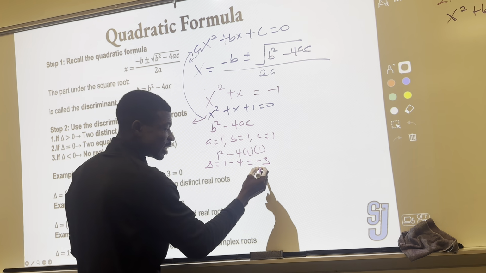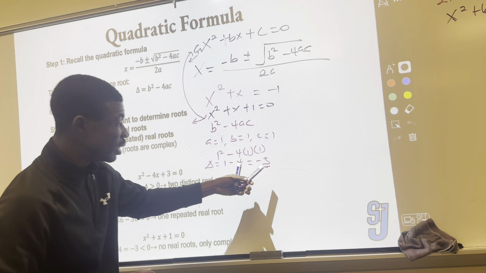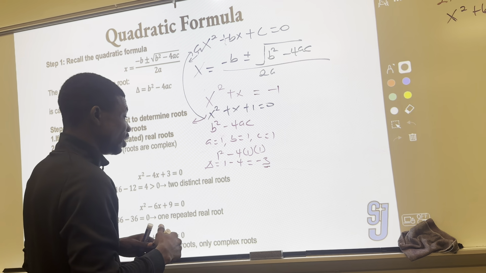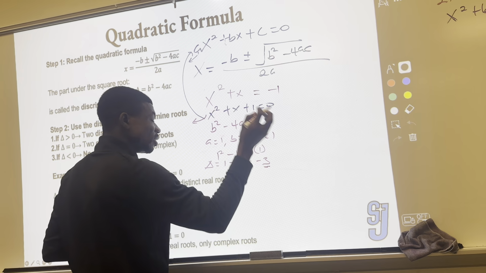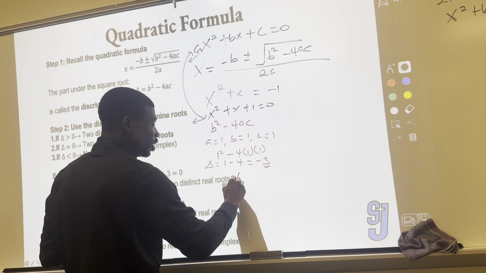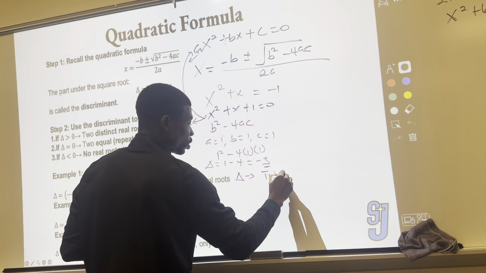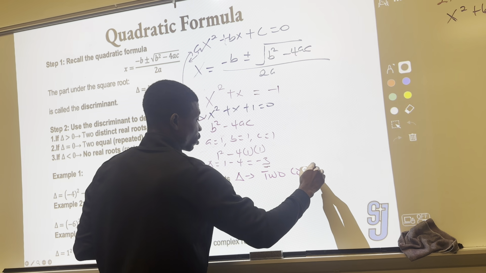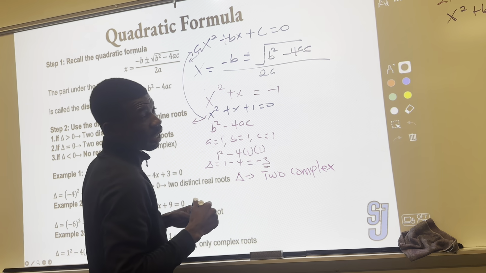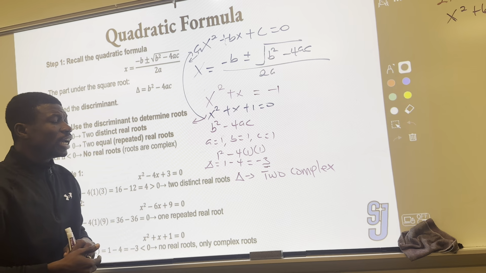Now, once I get this as my discriminant, how do I explain this? I explain it by saying that because this is -3, which is less than 0, the nature of the roots is 2 complex roots, where I get imaginary numbers. So this is it.